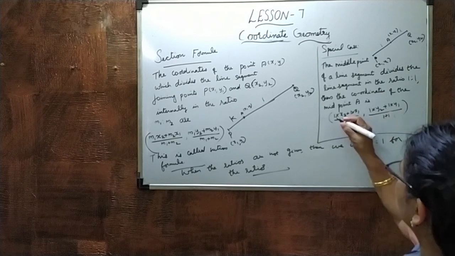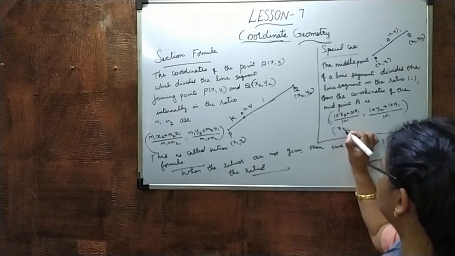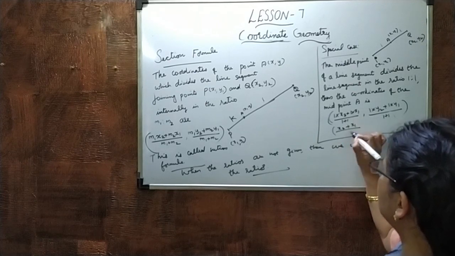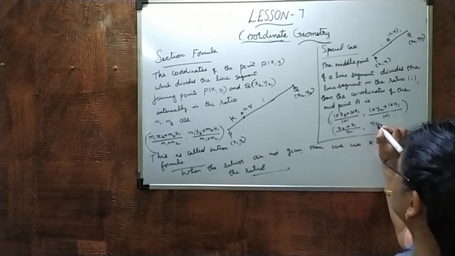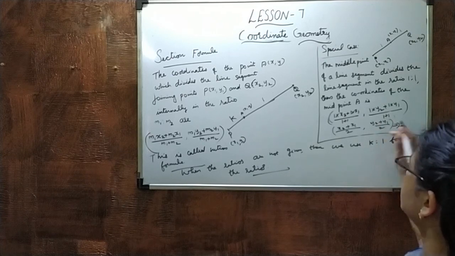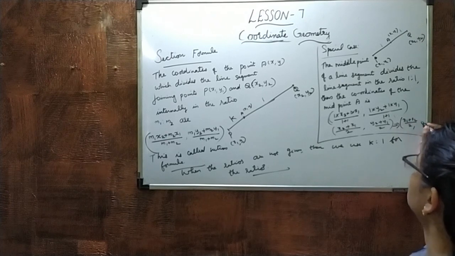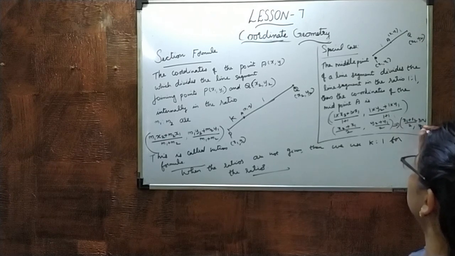Now what are the coordinates? x2 plus x1 divided by 2 and y2 plus y1 divided by 2. This can be written as (x1 plus x2) by 2 and (y1 plus y2) by 2.